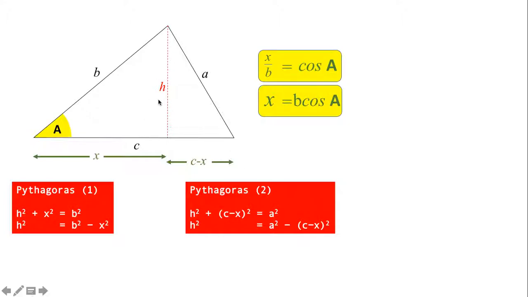So this squared equals this squared minus this squared. It's just Pythagoras rearranged a bit. Having done that to both right-angled triangles, I've now got two expressions that are both h squared equals something. Because they're both equal to h squared, they're equal to each other. So b squared minus x squared equals a squared minus (c minus x) squared.